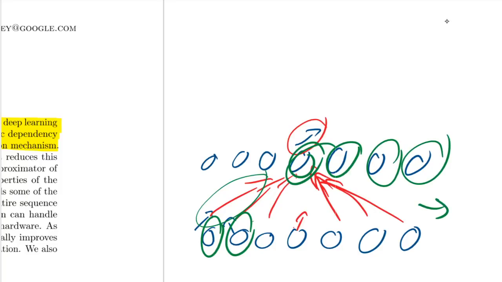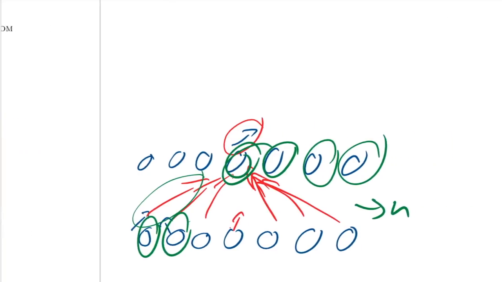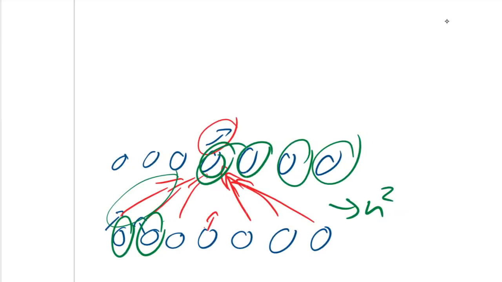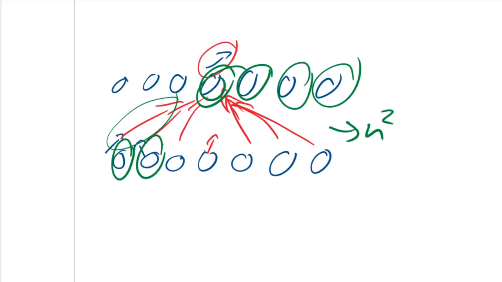So what you'll ultimately get, if n is your sequence length, is some n squared amount of computation and memory requirements. This is a problem, and usually this means that the sequence length in BERT is limited to something like 512 tokens, which is okay for some applications, but if you want to summarize entire articles, entire books even, or do question answering with lots of context, it's not really enough.